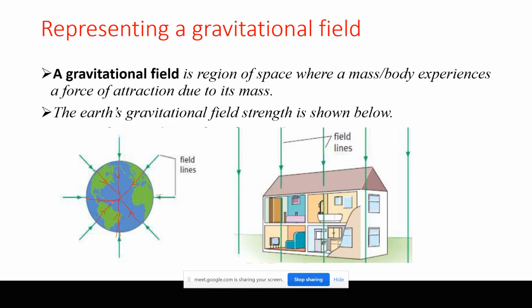It's like you are trying to move towards the center of the Earth. So at any point around the Earth's surface, the gravitational field is pointing towards the center. The Earth tends to attract all objects towards the center.